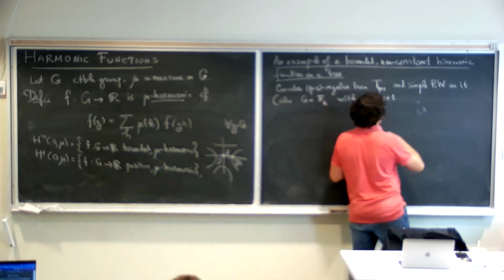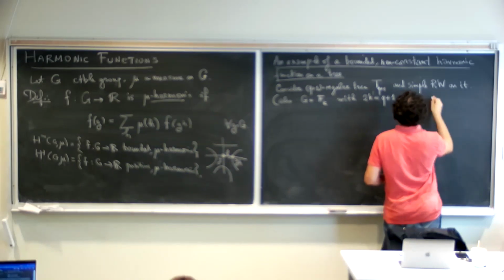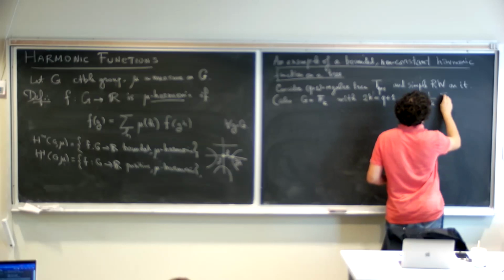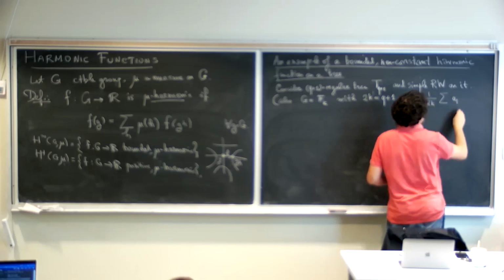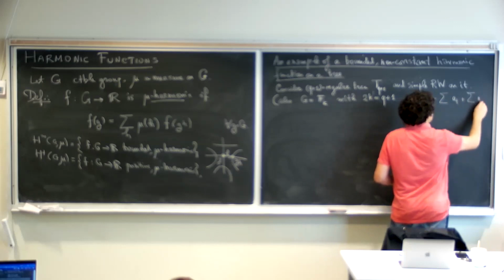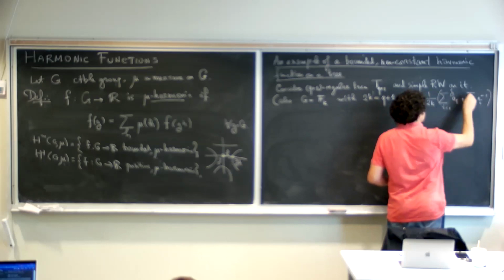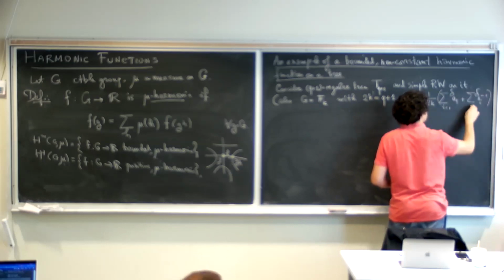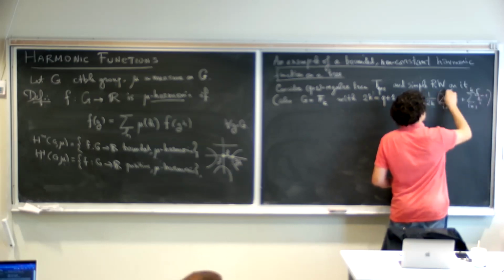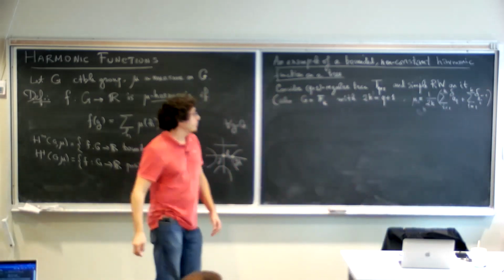And where mu is the uniform measure, so 1/(2k) times the sum of delta a_i plus the sum of delta a_i inverse. So we're taking the measure on the standard generators.